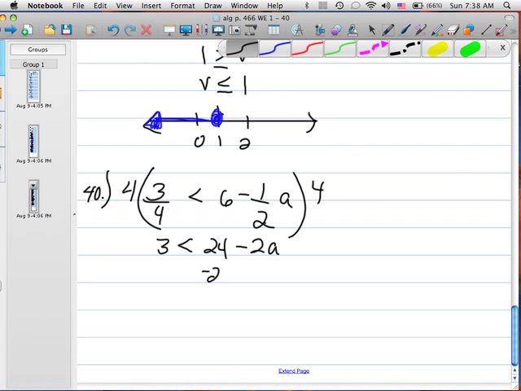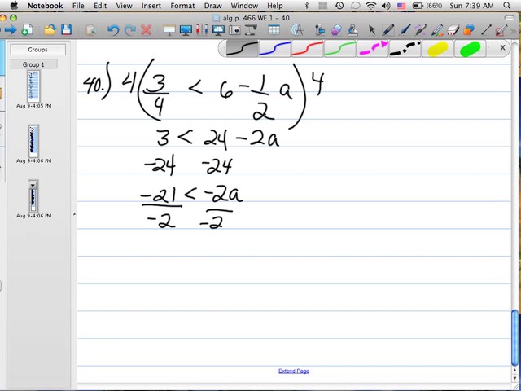So subtract 24 from both sides, and I get negative 21 is less than negative 2a. Divide by negative 2. That'll turn the inequality. So we get 21 halves is greater than a. Turn that around, a is greater than 21 halves, or 10 and a half.